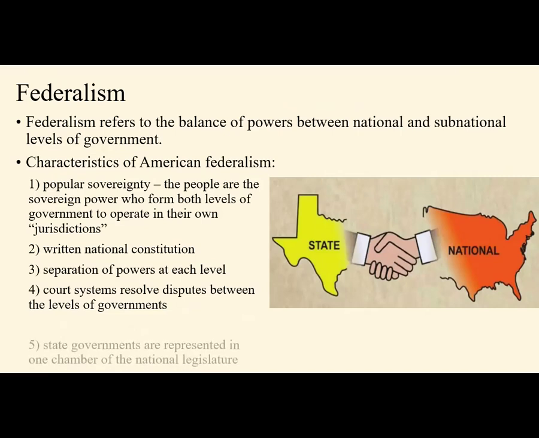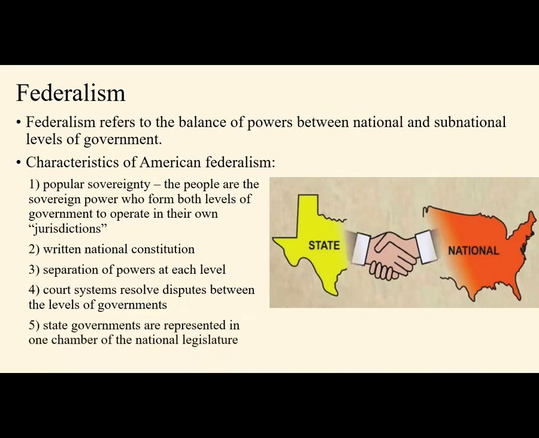The last attribute is that state governments would be represented in one chamber of the national legislature. And that is seen in our nation in the Senate. So we have a bicameral legislature. We've discussed that. There's a Senate and a House of Representatives. And those are two separate groups of people.